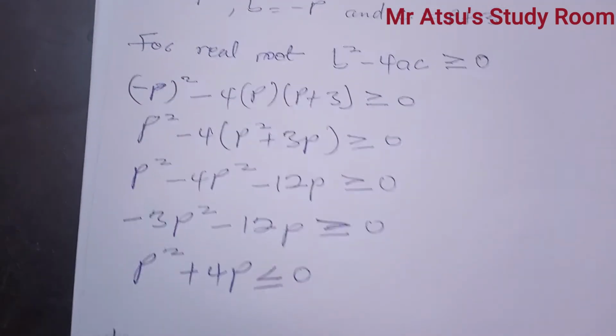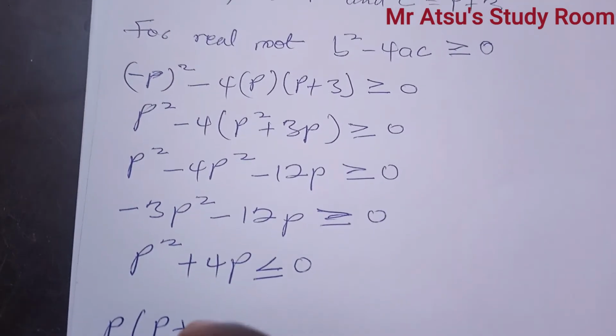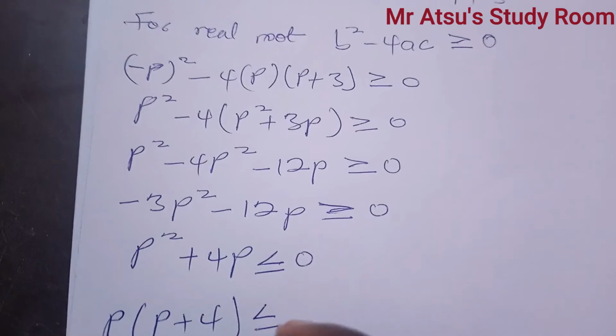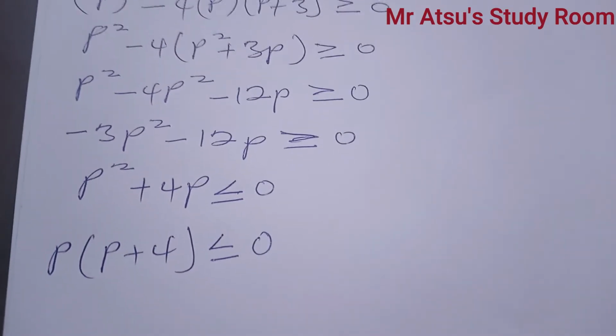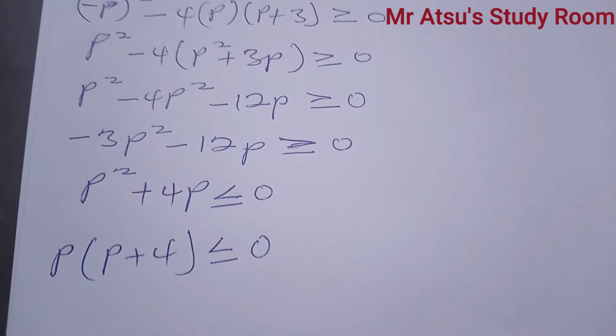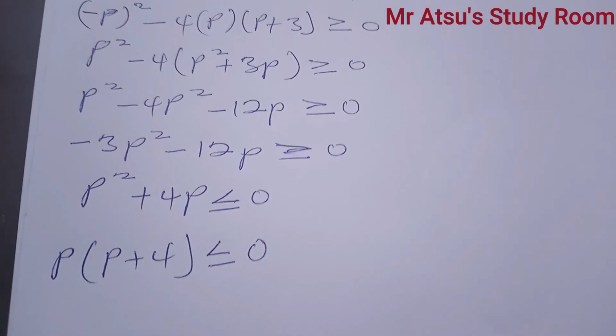Then we factor p out to get p(p plus 4) less or equal to 0. So we are going to apply how we solve quadratic inequalities, which I treated earlier in one of my videos.